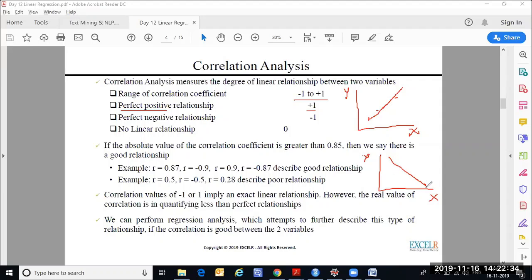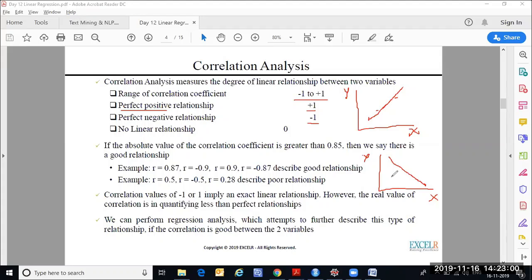When x keeps increasing and reaches the higher values, the y value drops off. It's called a perfect negative relationship. So when small r is -1, the scatter diagram between the two variables looks like this.